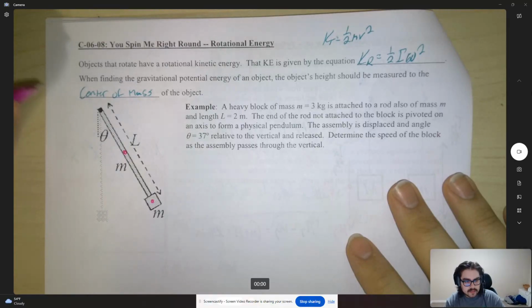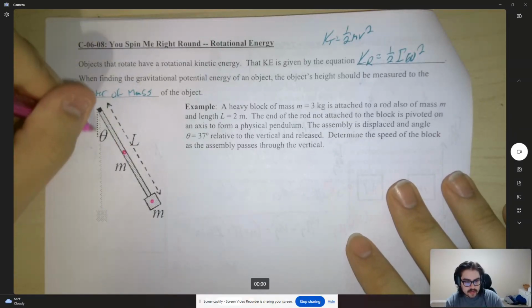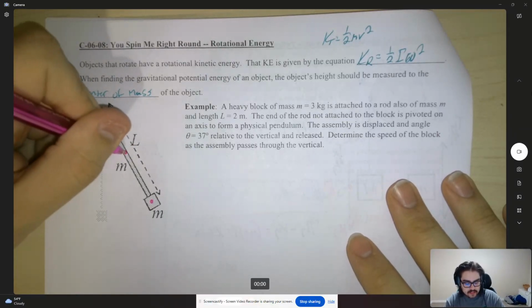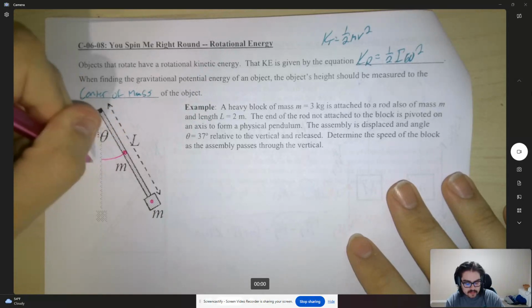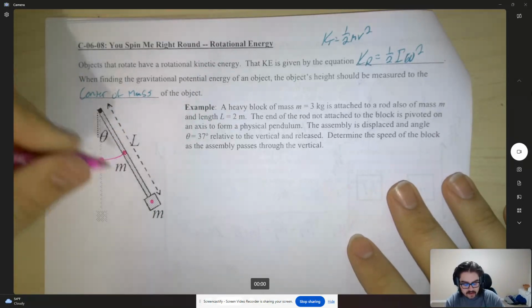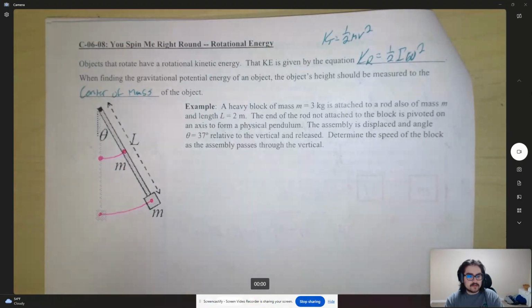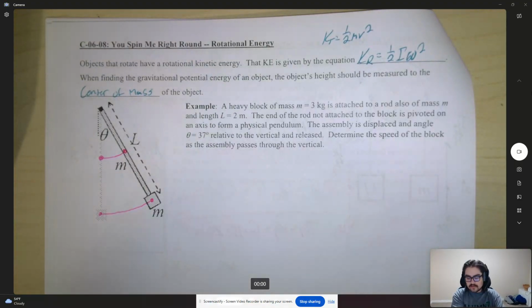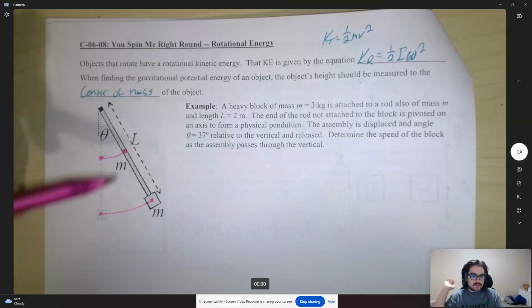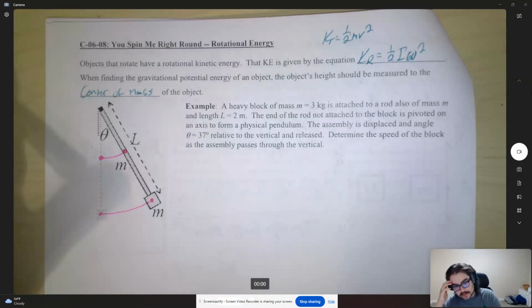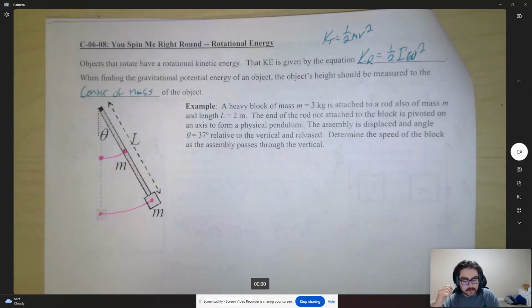Notice that initially, you can see the shadow of it here, the center of mass is right there. This is us just showing where the center of mass was and where it is now.